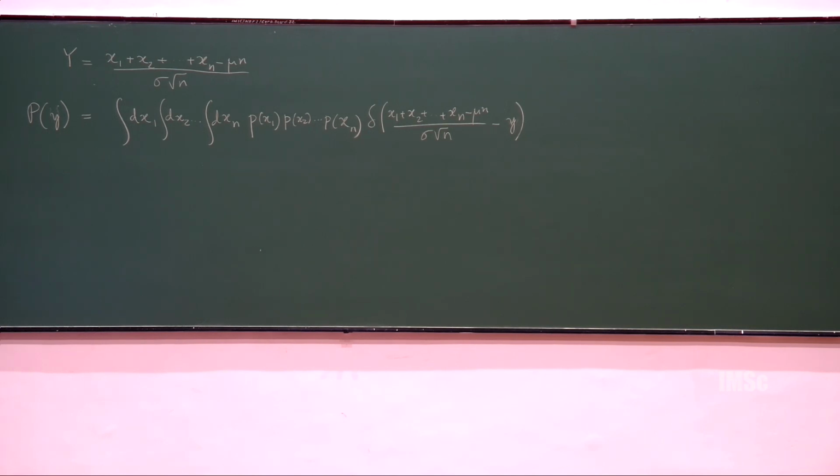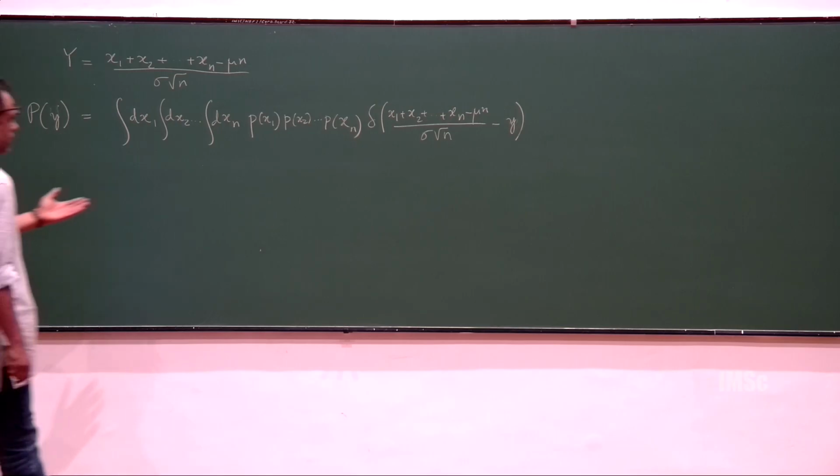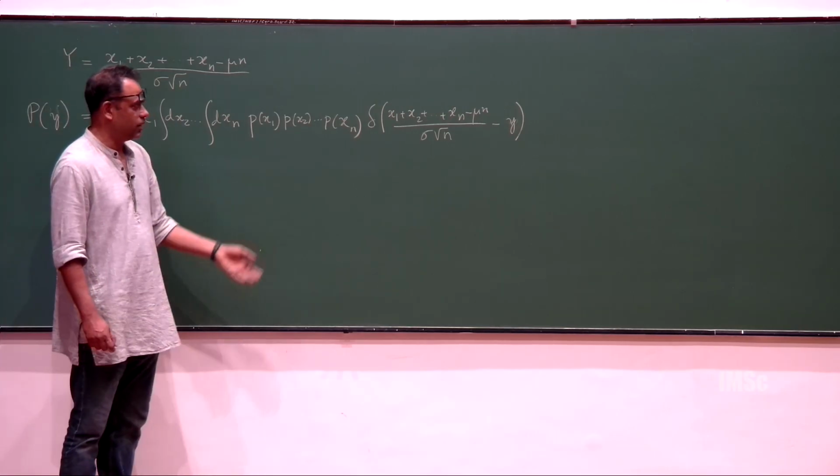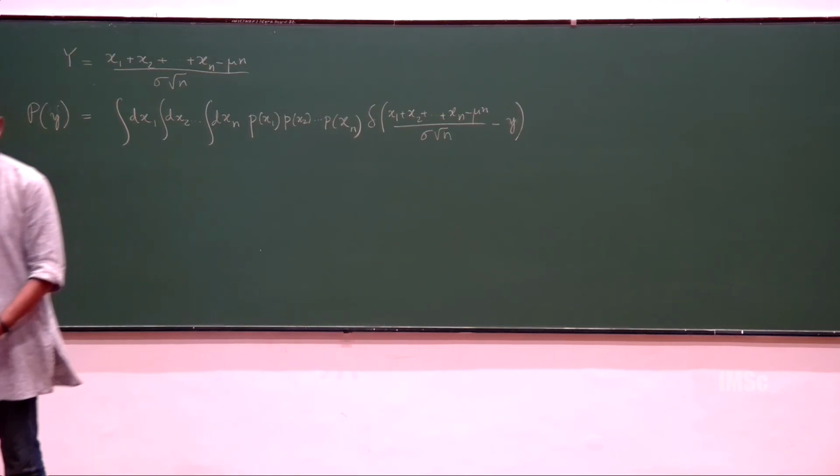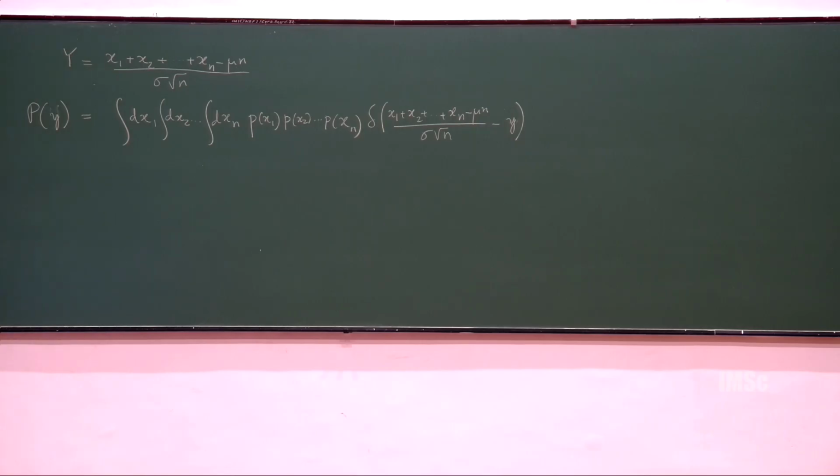Is there some trick I can do? Yeah, you do a Fourier transform. So let us say I do the integral of e to the power i k y, p of y, dy.